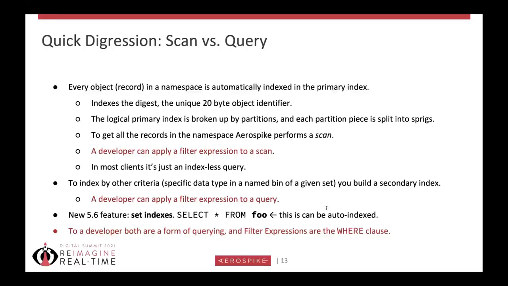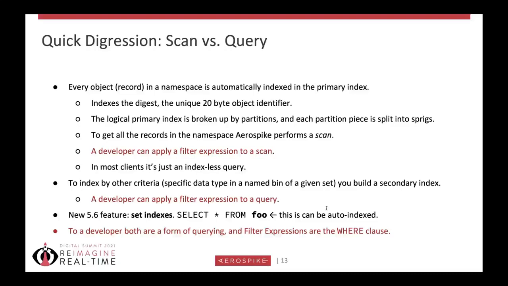This index is the digest, which is the unique 20-byte object identifier. And the thing to remember is that the primary index is actually broken up by partition. We have 4,096 logical partitions in the namespace, and each record gets an roughly even number of partitions on it.